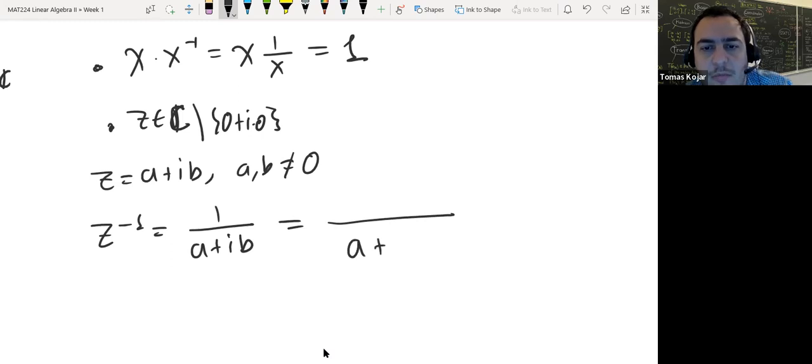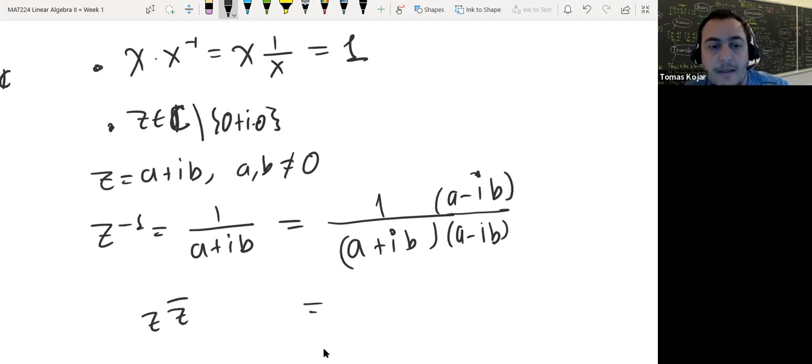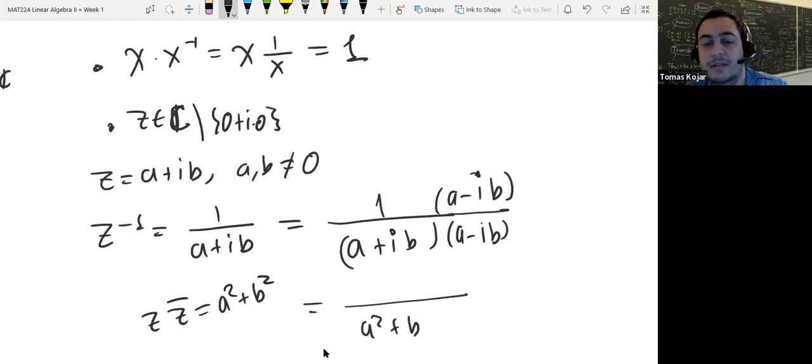So how do we do it? We do a thing called complex conjugation. So you divide and multiply by A minus IB. Remember that we talked about that Z times Z bar is equal to A squared plus B squared, right? So you have A minus IB over A squared plus B squared.